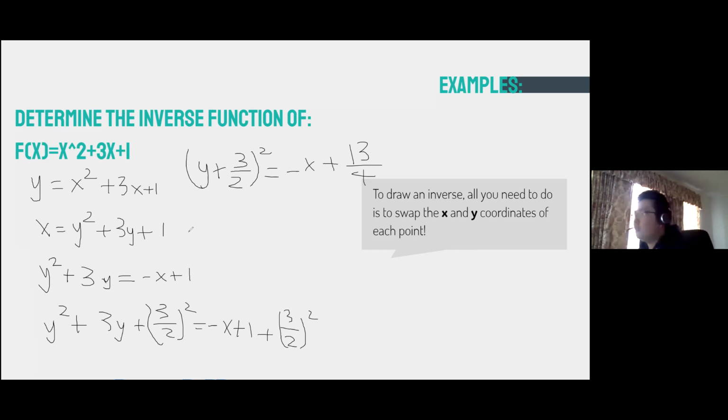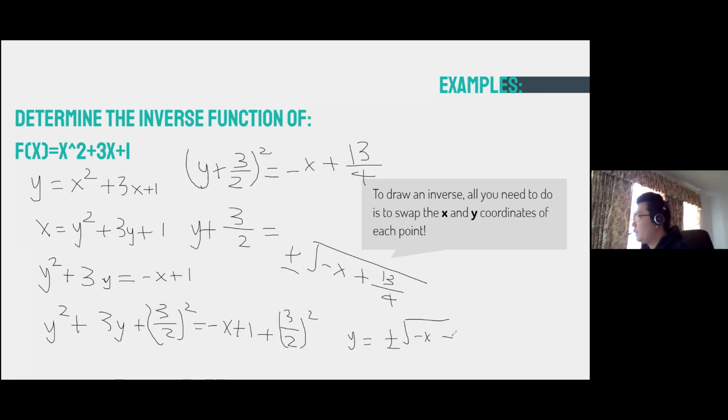And then y plus 3 over 2, remember, because we're square rooting both sides, equals plus minus the square root of negative x plus 13 over 4. And then the final step: because you're square rooting a number, you get plus minus square root of negative x plus 13 over 4. And the final answer will just be y equals plus minus root of negative x plus 13 over 4.